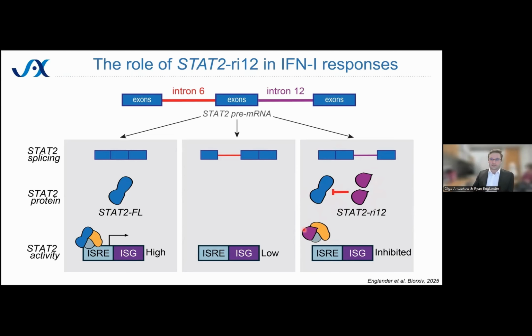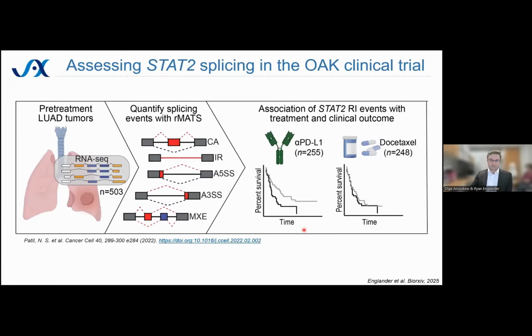of interferon responsiveness. And so to get a better sense of how these introns might actually affect immune responses in cancer patients, which is, of course, our overarching goal, we turned to the clinical trial OAK, which is a large phase 3 clinical trial of the PD-1, PD-L1 inhibitor atezolizumab compared to the chemotherapeutic docetaxel.